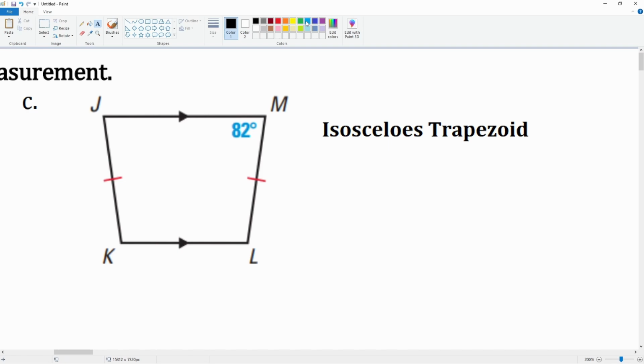Then we know if this is 82, we can know what this is, okay? This is 82. Then we know this is going to be supplementary to that. So we can do angle M plus angle L is equal to 180. This is 82 for angle M. Then angle L is unknown. Minus 82 from both sides.